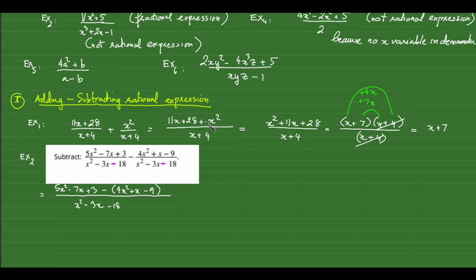For addition, you don't have to put parentheses, but because this is subtraction, you have to put parentheses. So we can find x squared minus 7x plus 3. Now distribute the minus in, so we have negative 4x squared minus x plus 9 over x squared minus 3x minus 18.